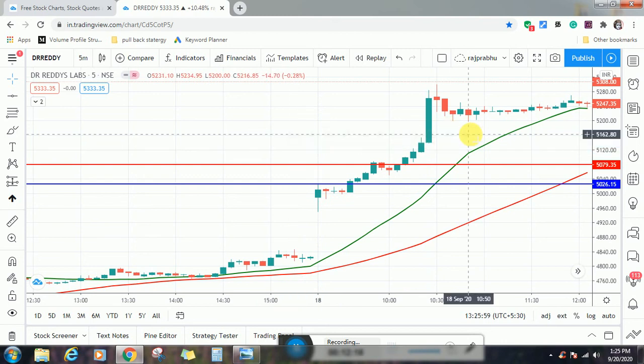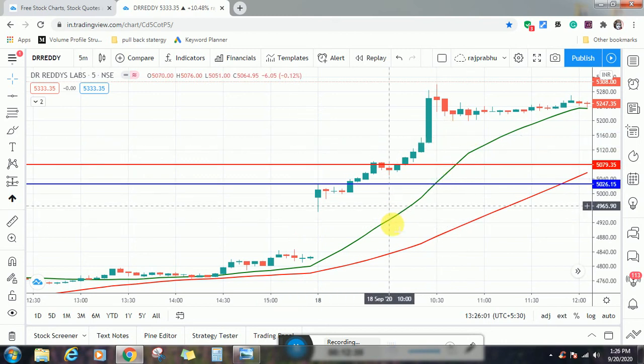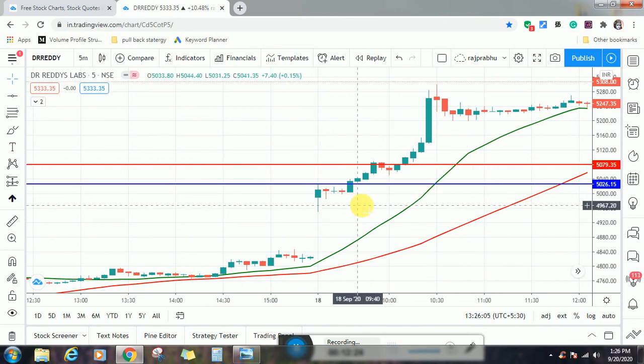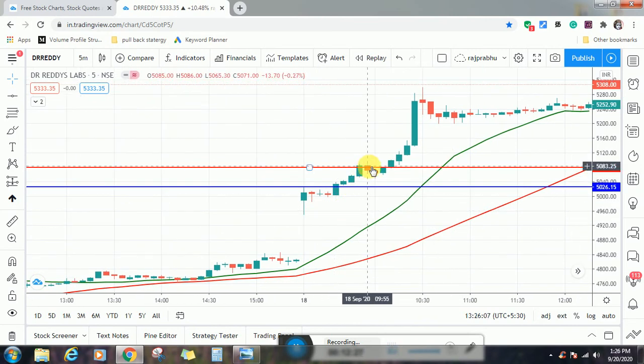CPR is only for target and moving average is considered for SL. See, this level is very important because it's a fresh high. Okay, consider this is a fresh high. I entered at right now. I entered at 950. Okay, time is up.